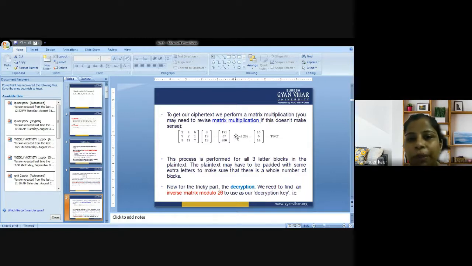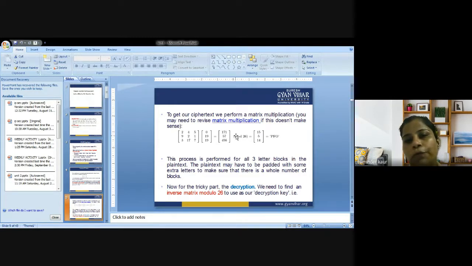I am going to multiply it with ATT, the first chunk of the message, that is 0, 19 and 19. Now I apply matrix multiplication. 2 into 0 plus 4 into 19 plus 5 into 19 equals 171. The same is the case with the second row: 9 into 0 plus 2 into 19 plus 1 into 19.